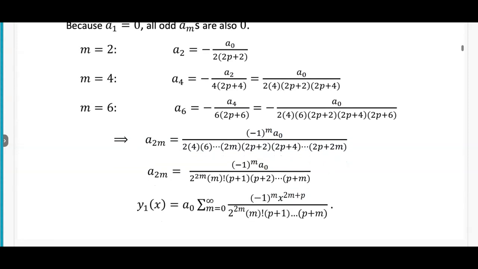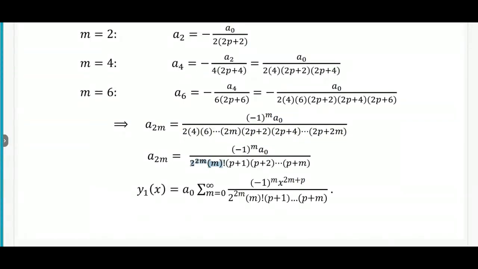To write the pattern, there's negative 1 to the m, so the terms alternate, and 2 to the 2m, because we have 2 times 4 times 6 and so on, and each one we can factor out 2, and we have m of them, so 2 to the 2m. Then once we factor out, we have 1 times 2 times 3 up to m, so that's m factorial.